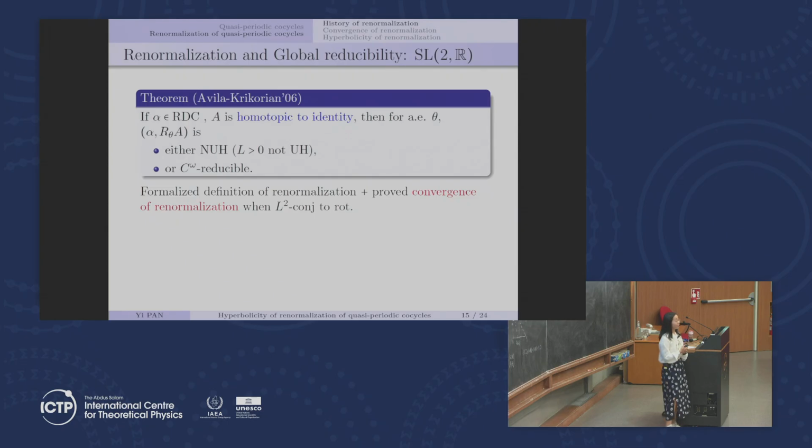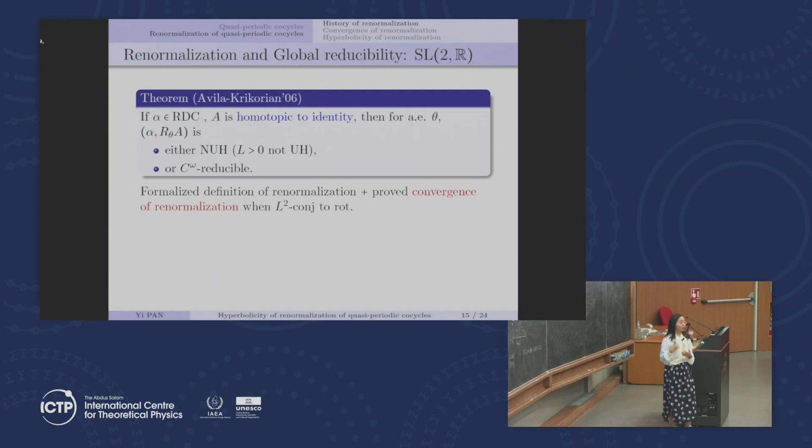And then it moves to SL(2,R) cocycles. After Krikorian first introduced renormalization of quasi-periodic cocycles, later on Avila and Krikorian formalized the definition. In particular for SL(2,R), which is only visible in the title, I forgot it in the statement.